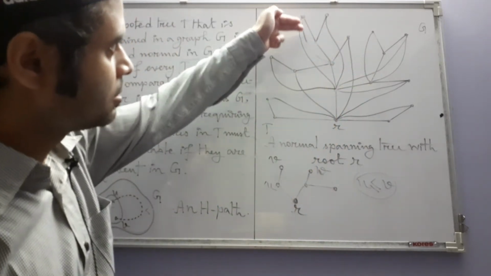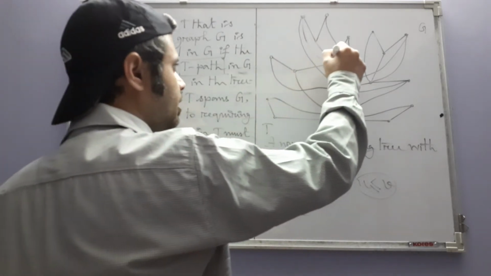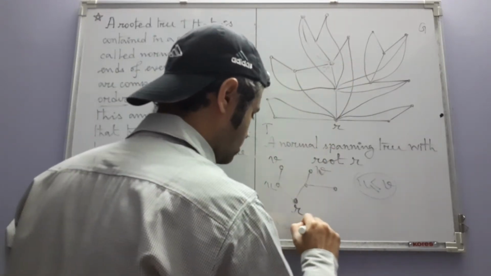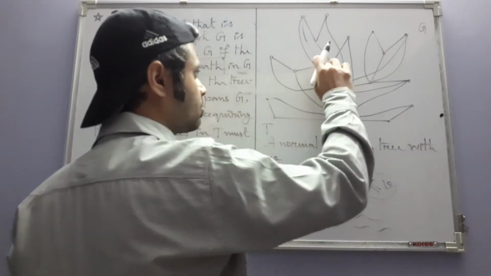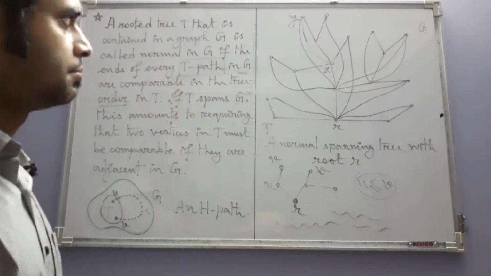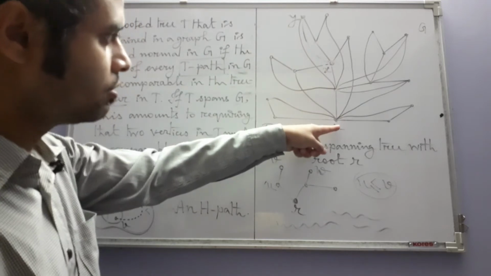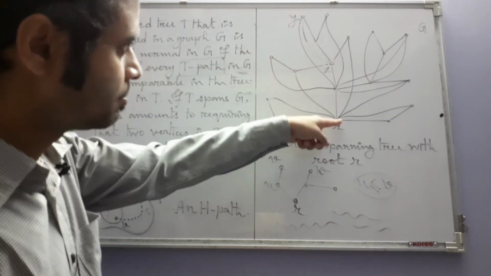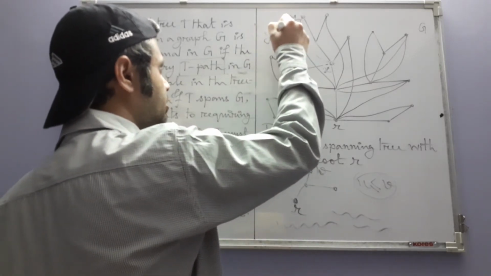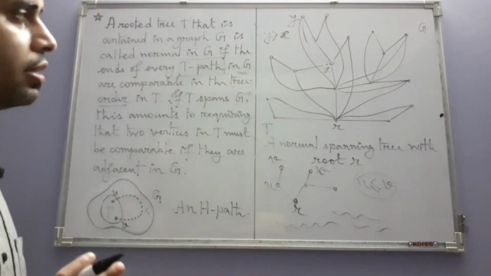So this vertex followed by this edge and this vertex, that is a T path, and its ends, say we call this X and this is Y. Its ends are comparable. The unique path from Y to R in the tree contains X. So Y is greater than or equal to, in fact Y is strictly greater than X. Anyway, the thing is that they are comparable.